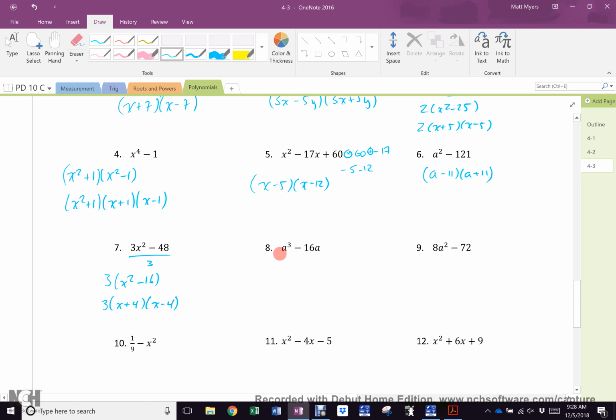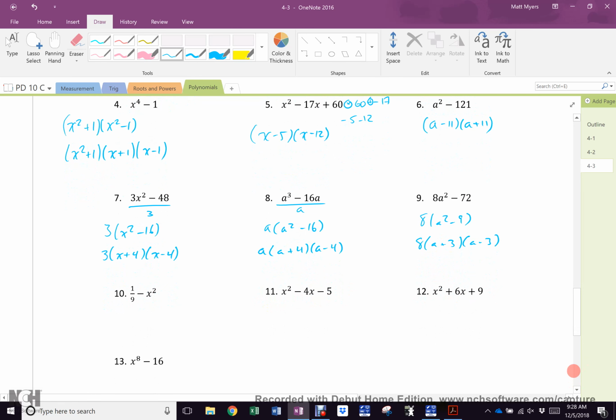What do you got to do first in 8? Bring out the GCF, which is... a squared minus 16, a plus 4, a minus 4. What do I got to bring out here? 8, a squared minus 9, 8, a plus 3, a minus 3.